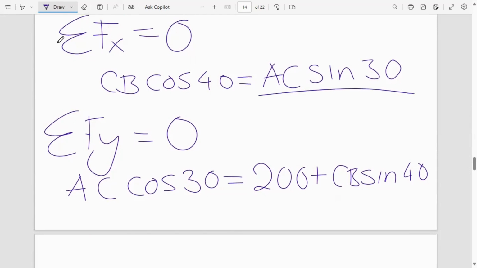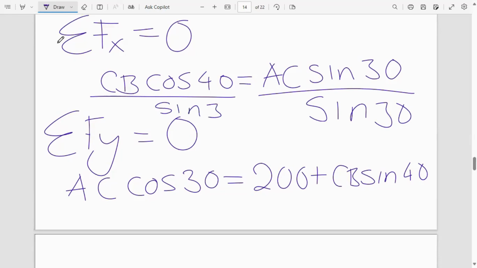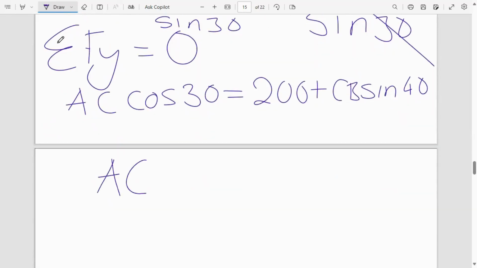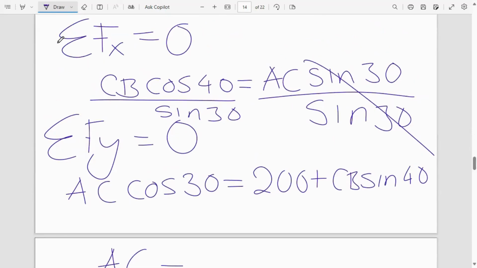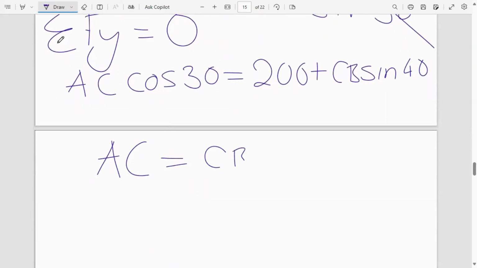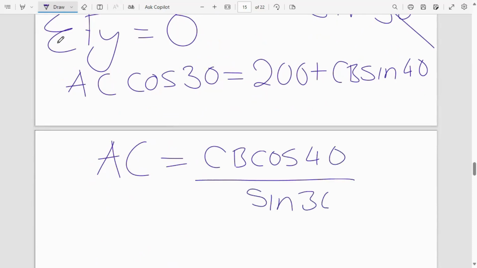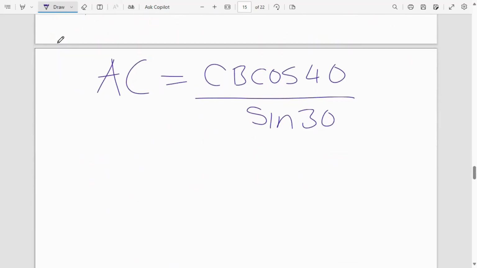By so doing, we divide both sides by sin 30. Sin 30 will cancel out there. We have AC equal to CB cos 40 over sin 30.